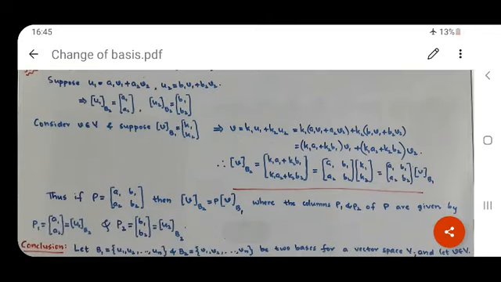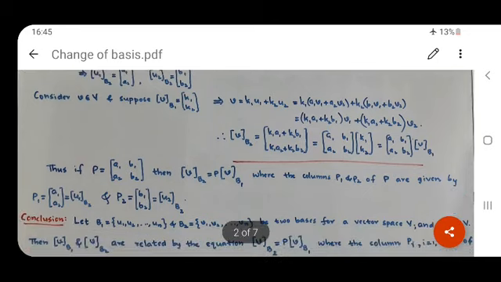Thus, if P is this 2 by 2 matrix, then the matrix of v relative to B2 equals P times the matrix of v relative to B1, where the columns of P, say P1 and P2, are given by P1 equal to the coordinate matrix of u1 relative to B2, and P2 the coordinate matrix of u2 relative to B2.